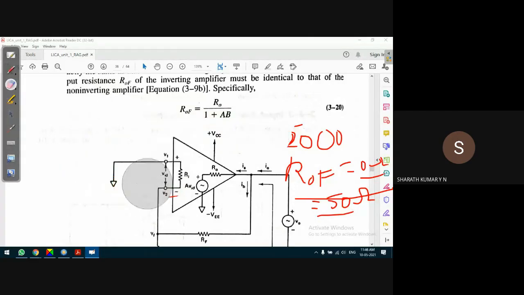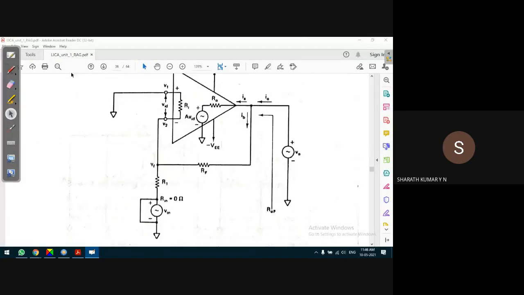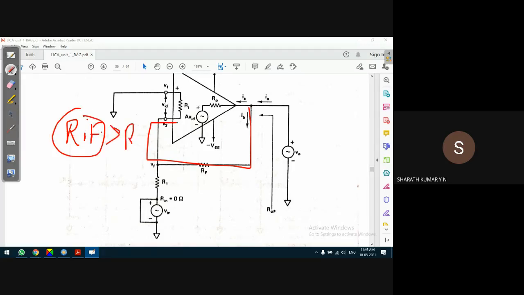Our intention is that we should provide feedback so that we can control the gain. At the same time, we should make sure that RIF does not decrease. Our intention is that RIF should be greater than RI, and ROF should be smaller than RO. But this may not always be possible.